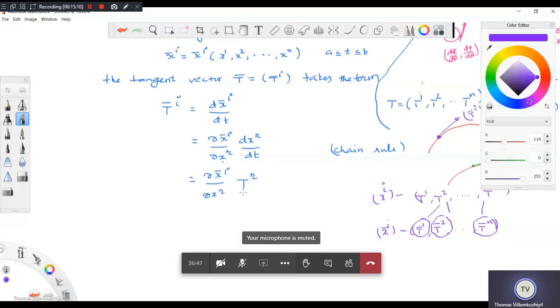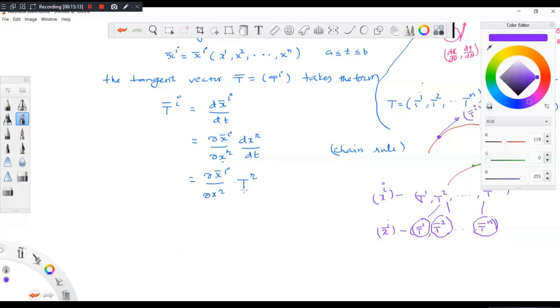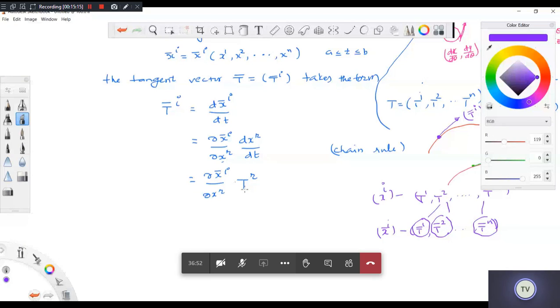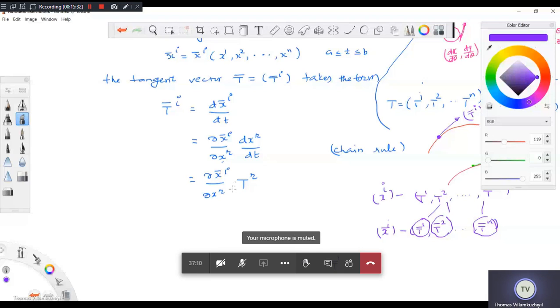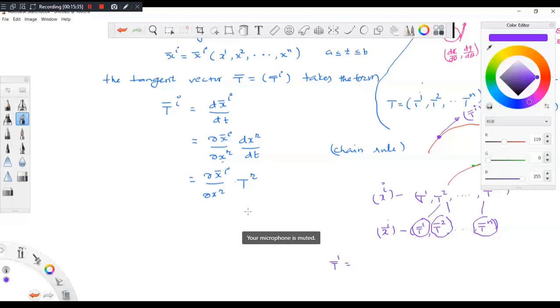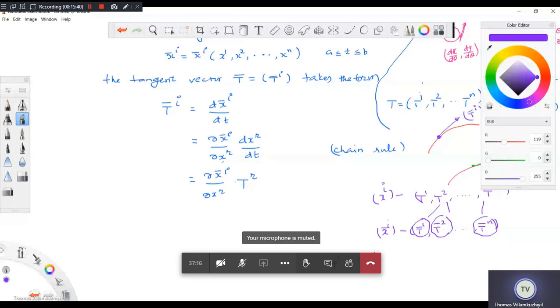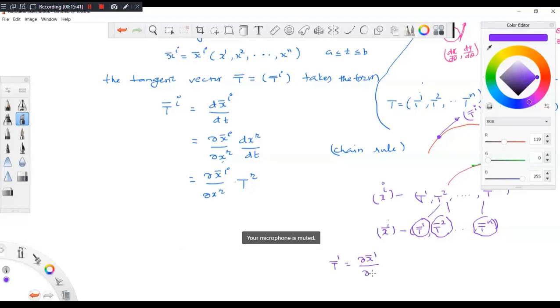Now the components in the xi system are t1, t2, etc., tn, but the components in the x bar i system are something different. For example, suppose you take t bar 1, the first component of t bar. What will that be? You can look from here: del x bar 1 by del x r.